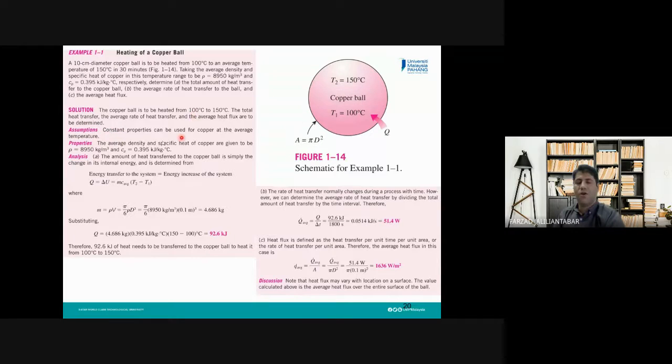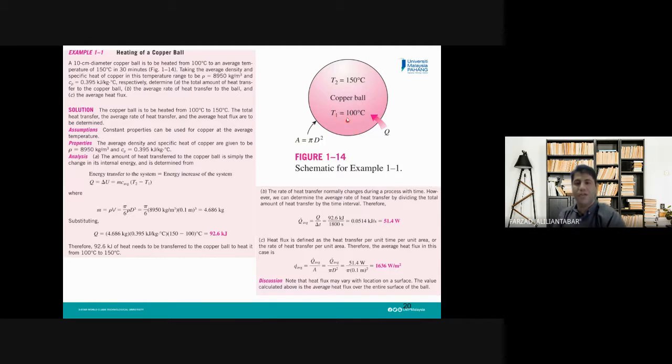So here, our assumption will be we have a constant property for the copper at the average temperature. Why? Because, as I said to you, for example, specific heat or even the density of the substance will change with the temperature. You know about the expansion due to the temperature.